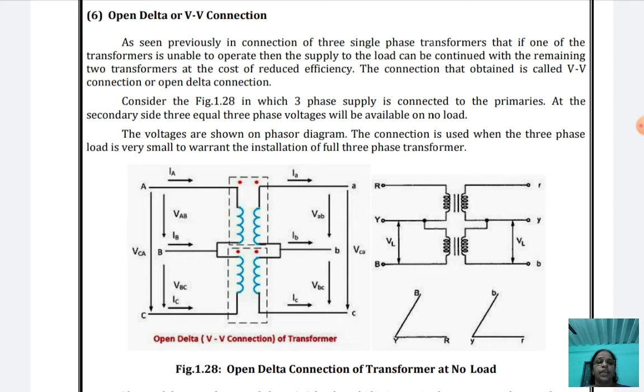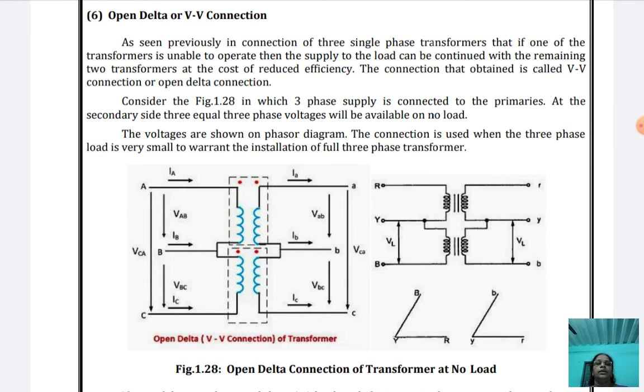Capital R Y B is the primary side, and small r, y, b is the secondary side. This type of connection is used when the three phase load is very small to warrant the installation of a full three phase transformer.